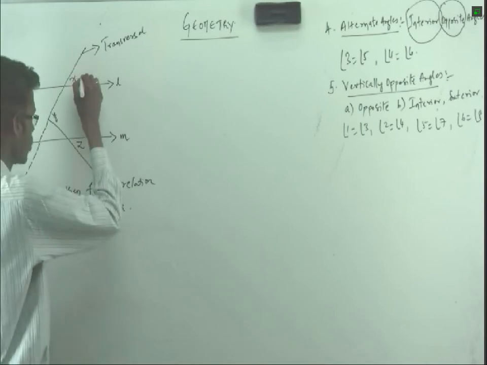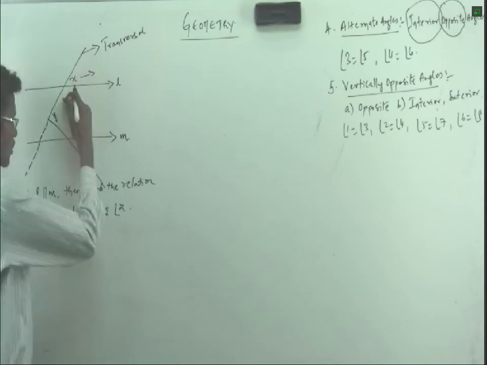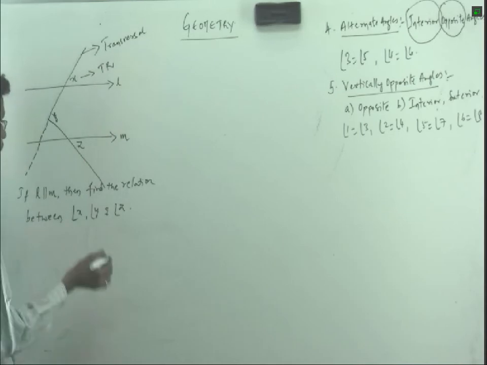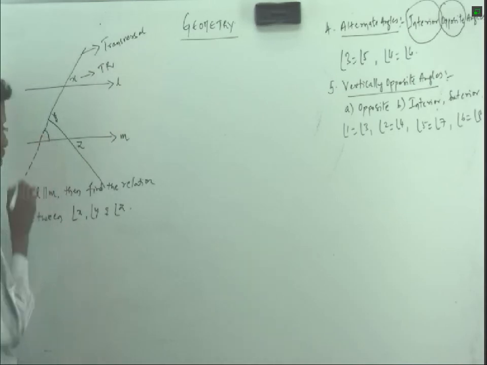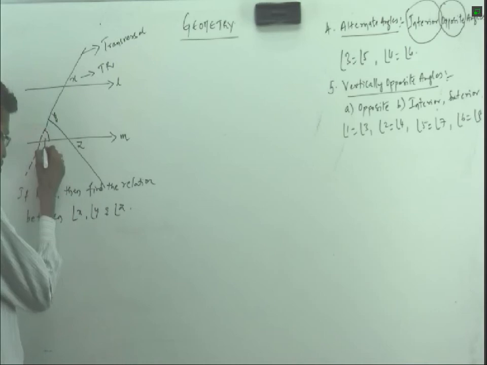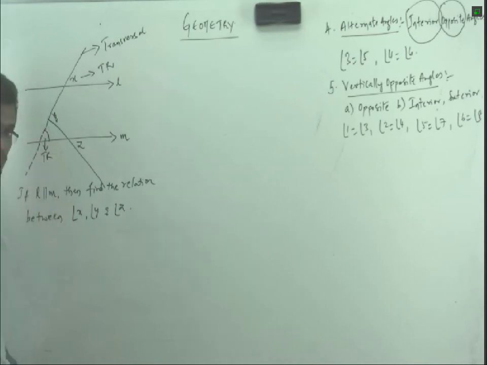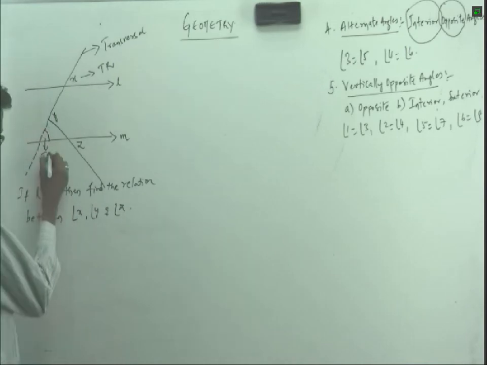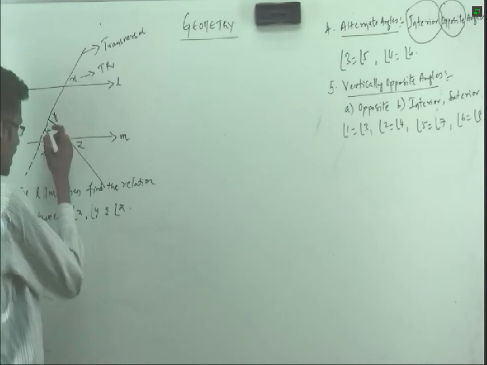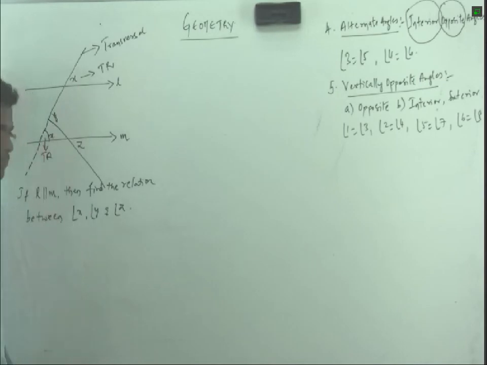Based on the positions, what is the position of X here? It's on the top side, on the right side. So let us name it top right position. And similarly, this position is also on the top side and on the right side. So I can call this top right. Now, these two angles have the same positions, and angles with the same positions are called corresponding angles, and they are always equal. So when this is X, obviously this has to be X.